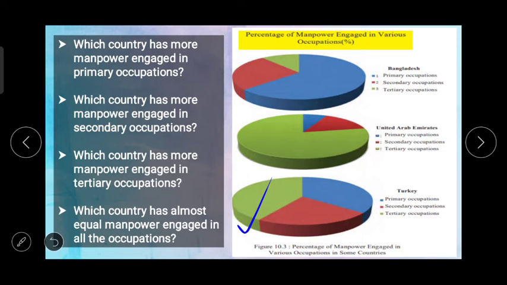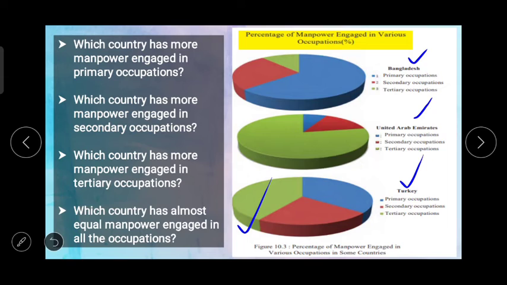These pie charts show the percentage of manpower engaged in various occupations in the countries of Bangladesh, United Arab Emirates and then Turkey. Each pie chart shows the percentage of primary to tertiary occupations, and by observing this you have to answer the questions which are on the screen.